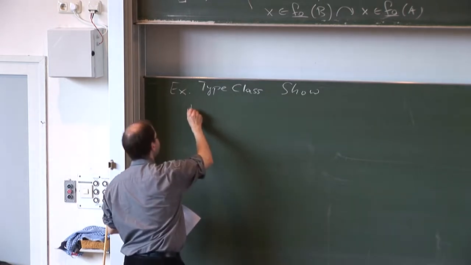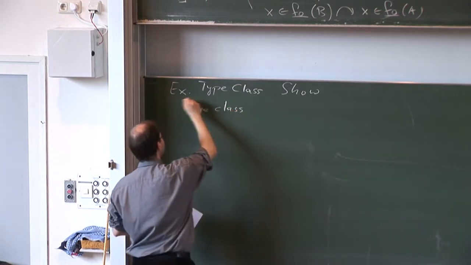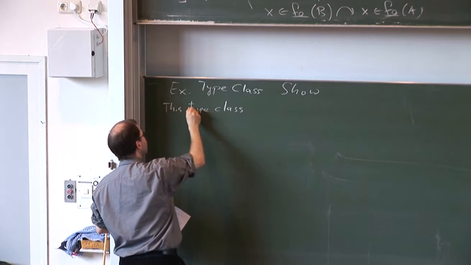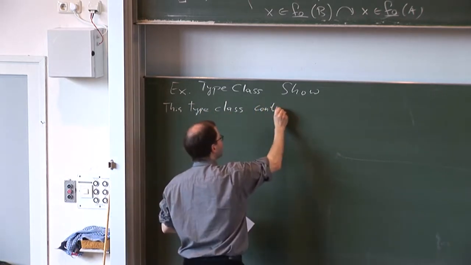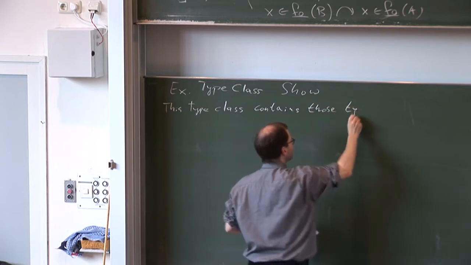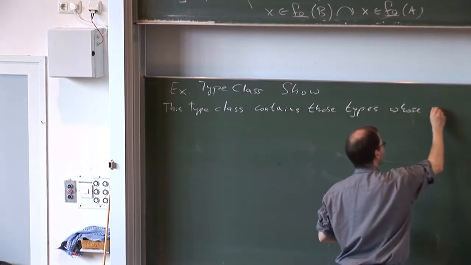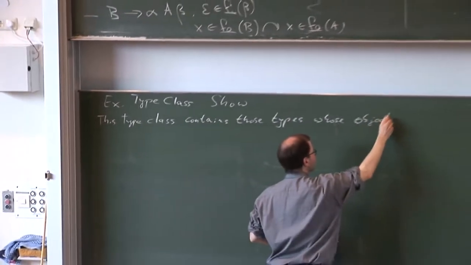So this type class contains those types whose objects can be printed on the screen.